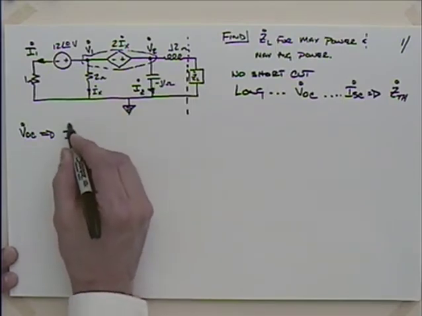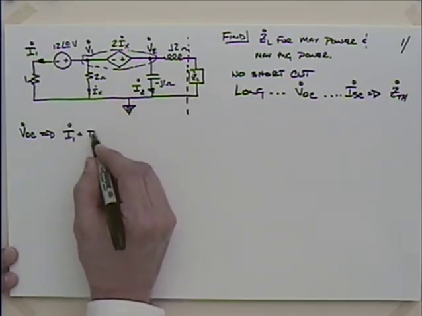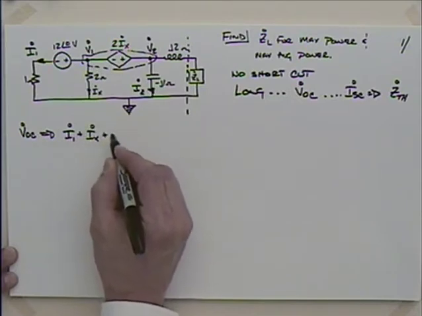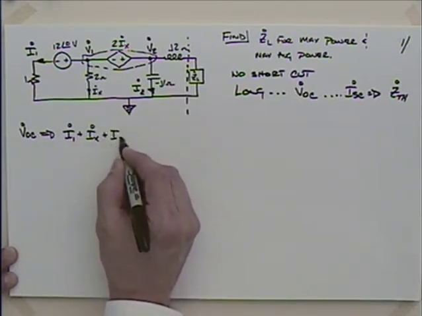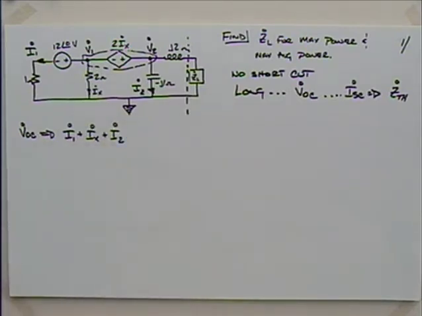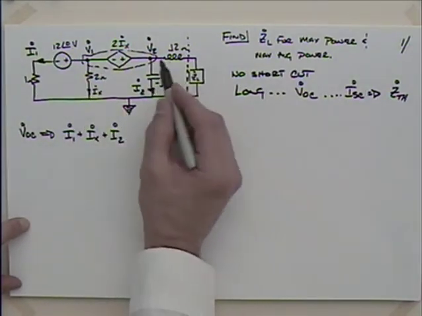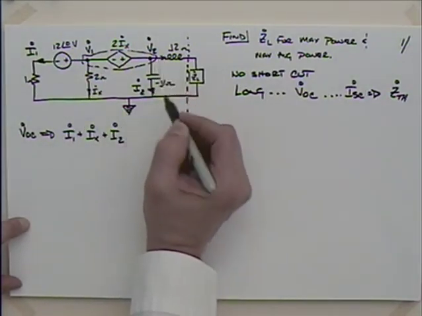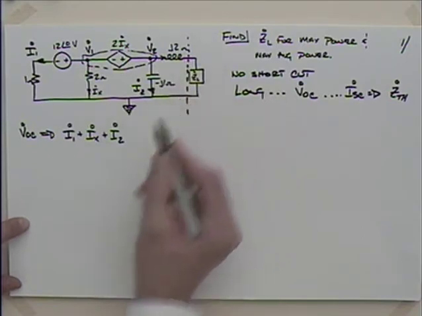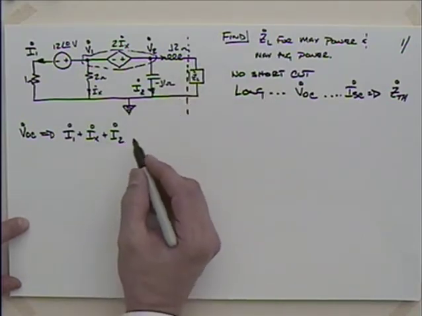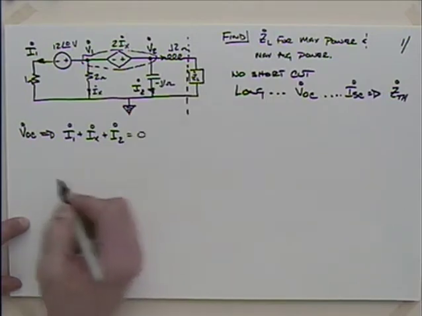So I1 plus Ix plus I2, that's all leaving the supernode. Anything else leaving the supernode? Is there any current going in here? Not if that's open, right? Not for V open circuit. So I could say that that's equal to 0.